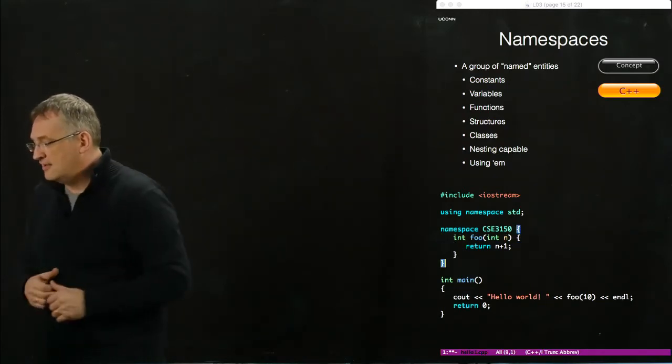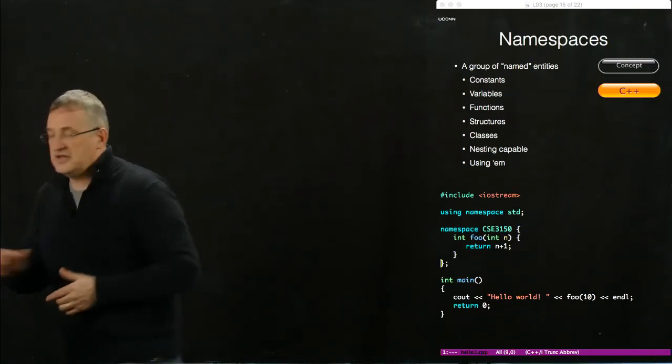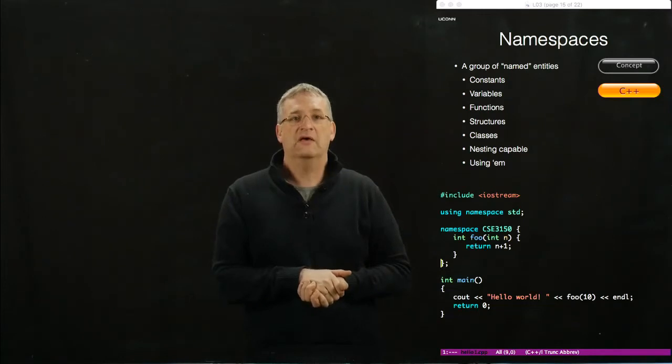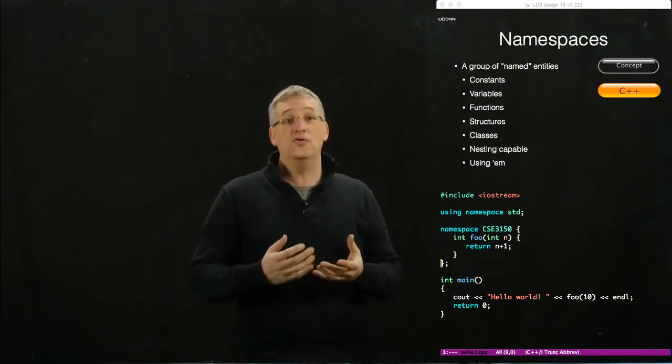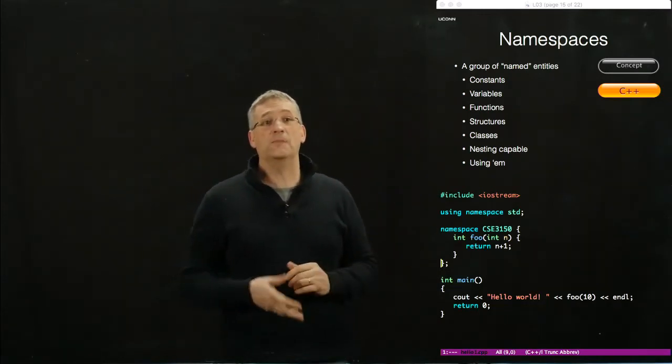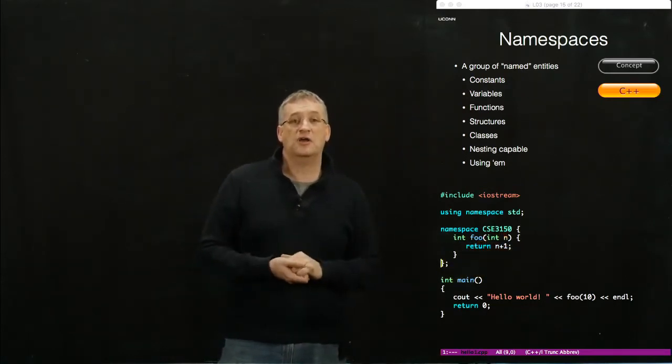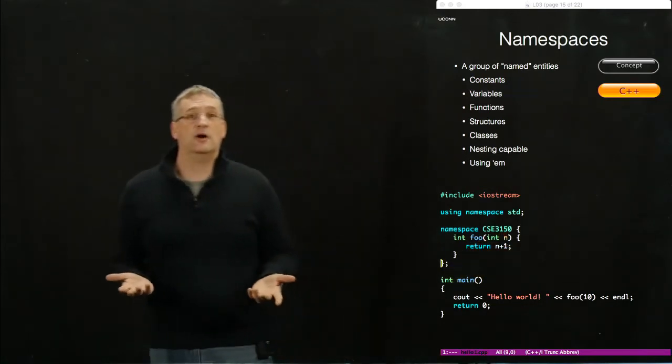You notice that simply because I like to have very clean and tidy code, I reindented the content of the namespace. So now foo is a function exactly as before, but it is in a specific namespace, and main is actually working. So you might think, is this going to work, right?